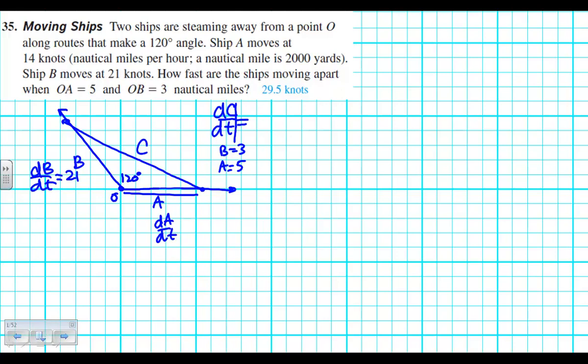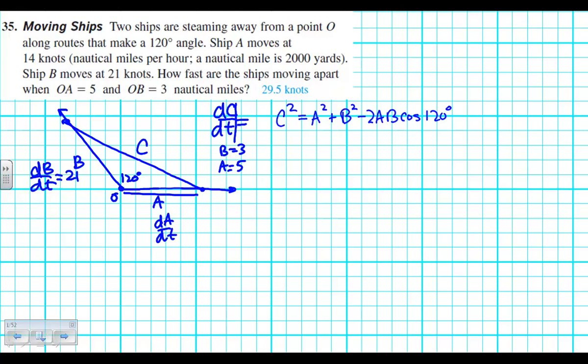And that is that C squared is equal to A squared plus B squared minus 2AB cosine of 120 degrees.